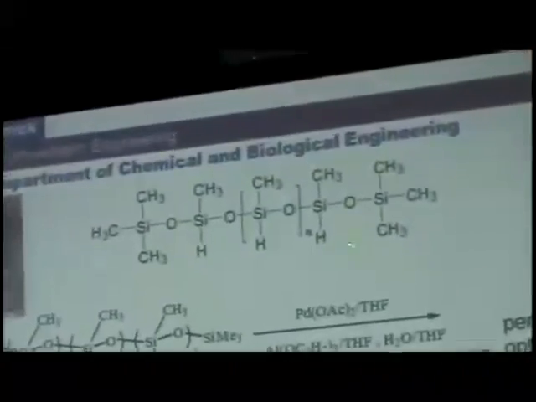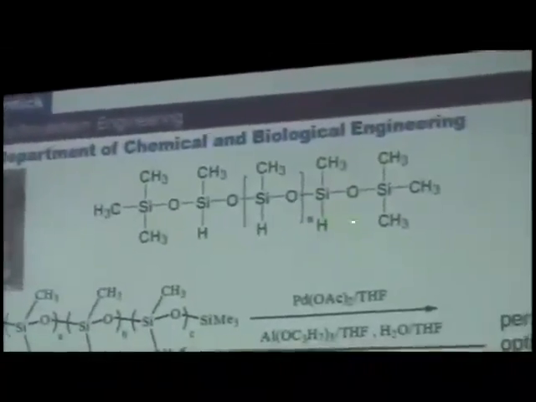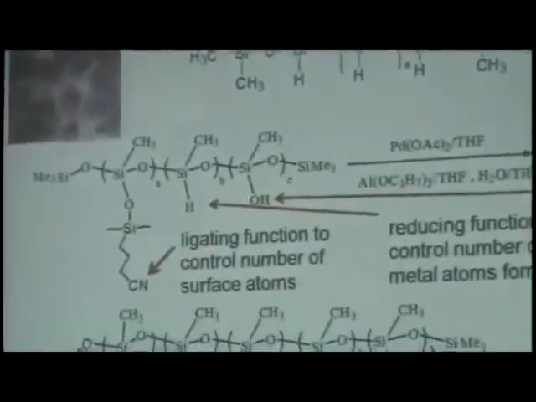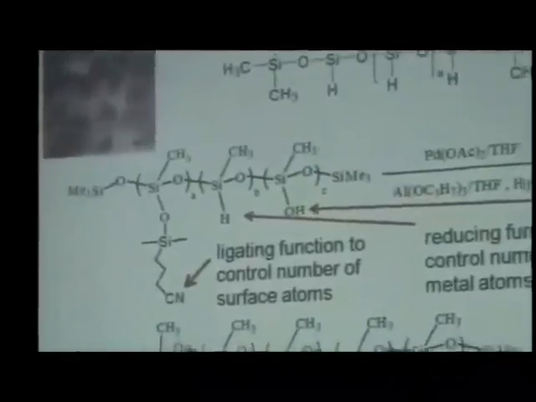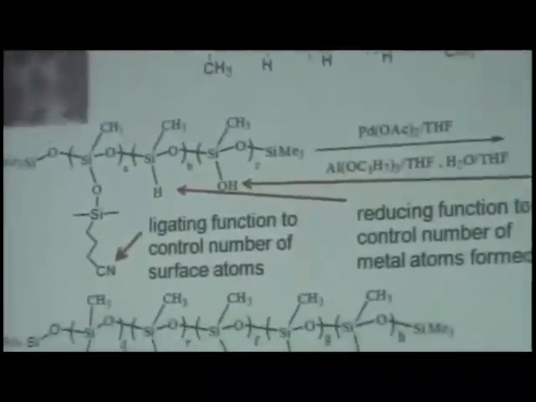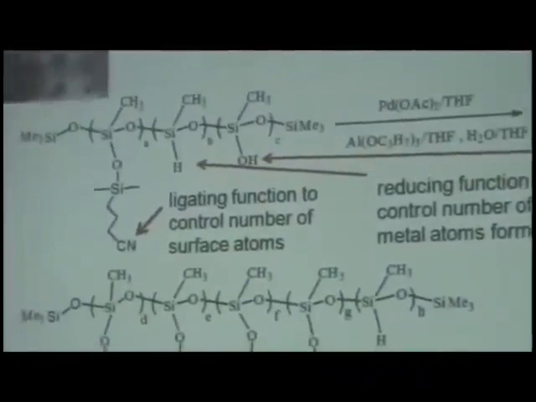The way we do that is that we start out with this siloxane molecule with a silicon-hydrogen bond. The silicon-hydrogen bond is quite reactive. You can oxidize it or hydrolyze it to silanol. The Si-OH is like the hydroxyl groups of the silica. People know how to modify them quite easily.